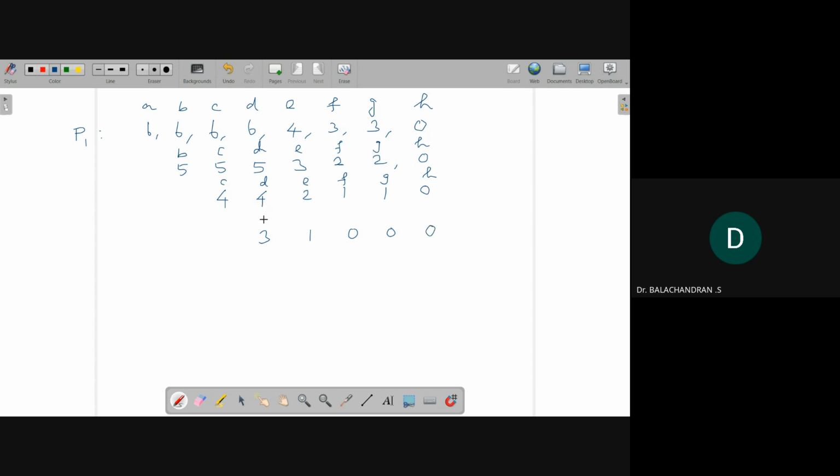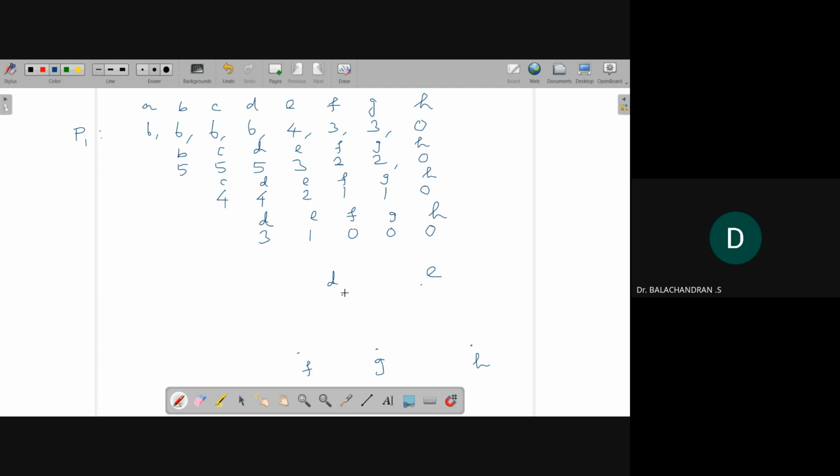Now these are D, E, F, G, H. Now I'm going to try to draw the graph using the last one. These three are F, G, H, and this is D and this is E. So F, G, H have degree 0, which means they are not adjacent to any other vertex.